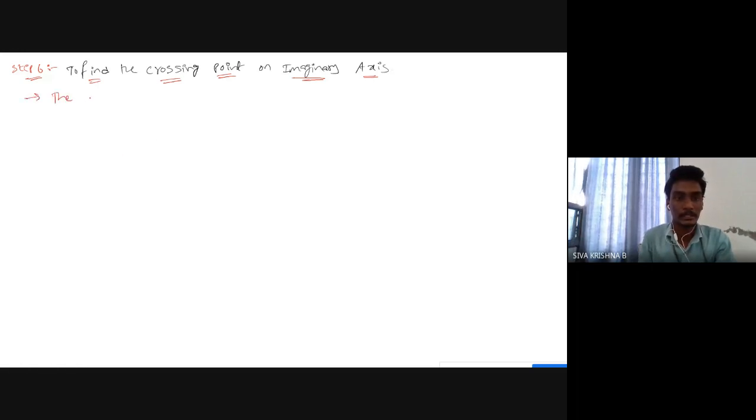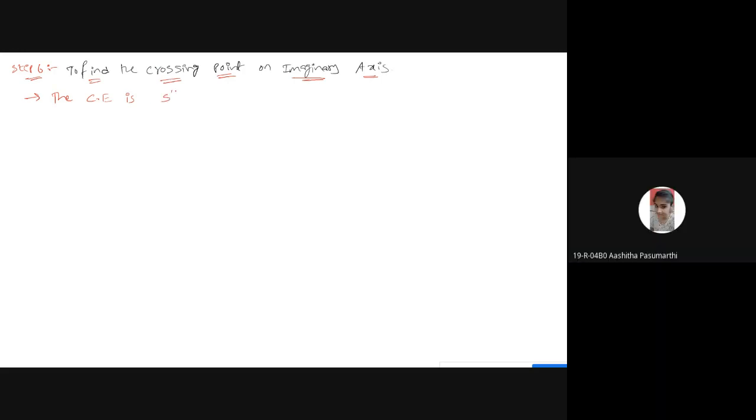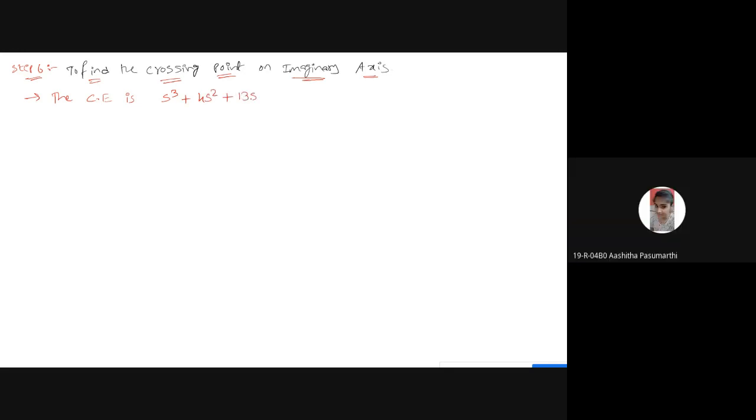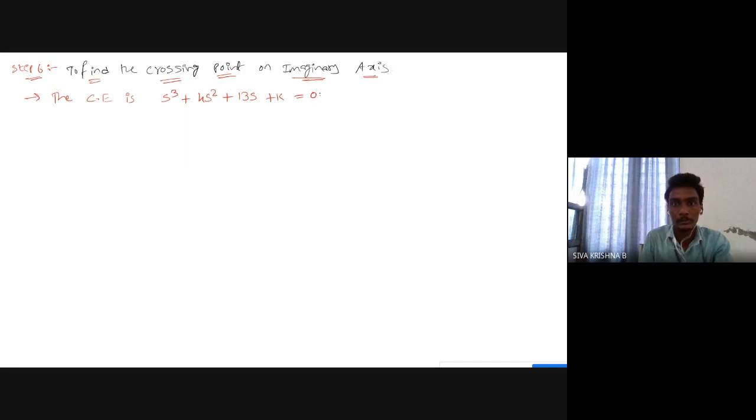So now the characteristic equation CE is, what is that? Anyone respond please? S power third order equation, no? S cube plus 4s square plus 13s plus k equals 0. Okay, thank you. So we will go for the RH criteria to find this k value and to find the intersection point on the imaginary axis.